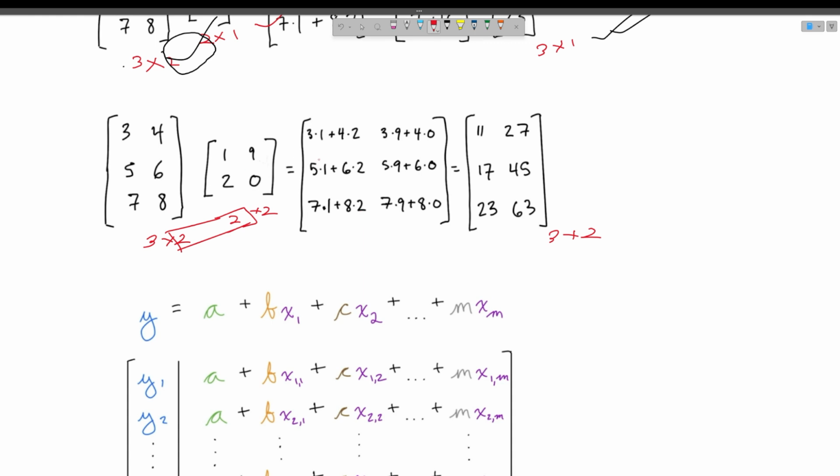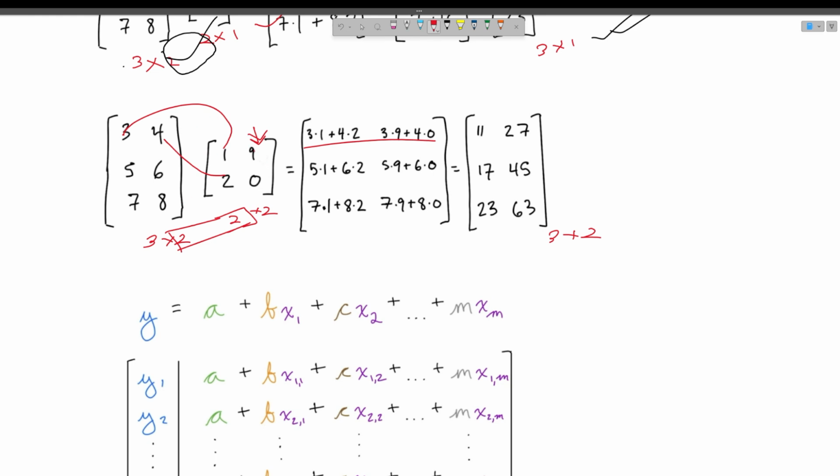Now this is totally up to you. I hope you understand the process. What should we have? We should have 3 into 1, then 4 into 2, and then we should add them up, right? 3 into 1, 4 into 2. But this time we have another column here, so the process should be the same.